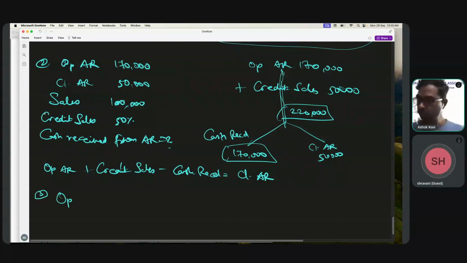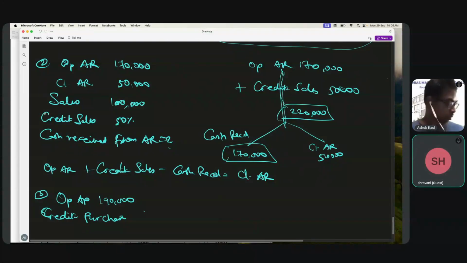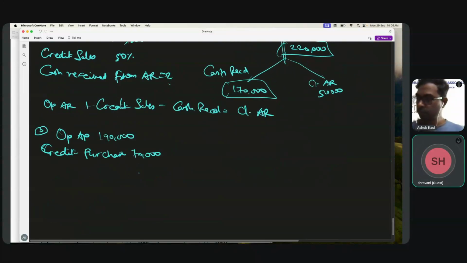Third one, opening accounts payable 190,000. Credit purchase 70,000. Closing accounts payable 120,000.